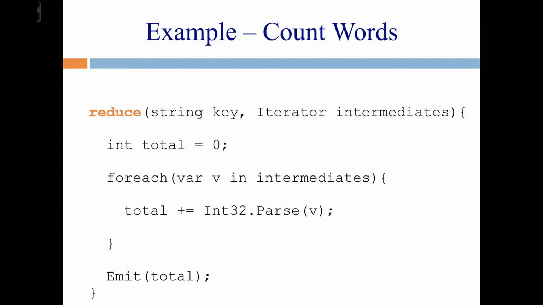So total plus equals, that's doing a total sum. If I was doing an average, there'd be some divide here at the end or whatever. Write any code you want. It's your own custom aggregator. And then finally, at the end, you just do emit. Instead of emit intermediate in the mapper, you do emit in the reducer because that's the final answer for that key.